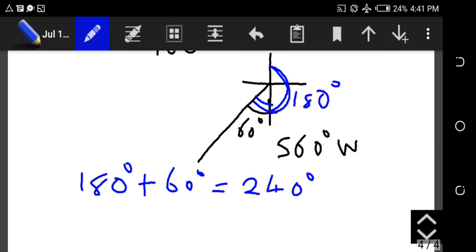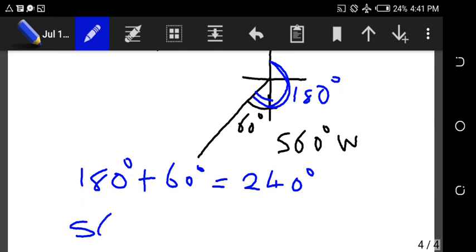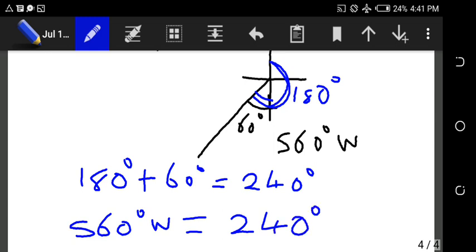And so it means that south 60 degrees west for a compass bearing is equal to 240 on a true bearing that always references only the North Pole. So this is a case of the bearing.